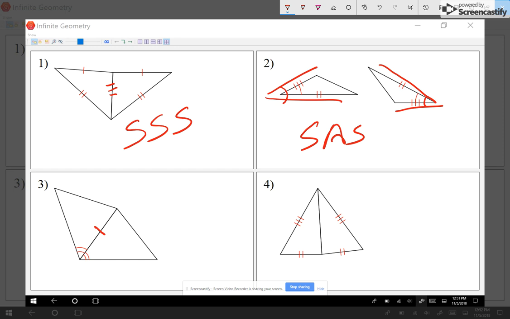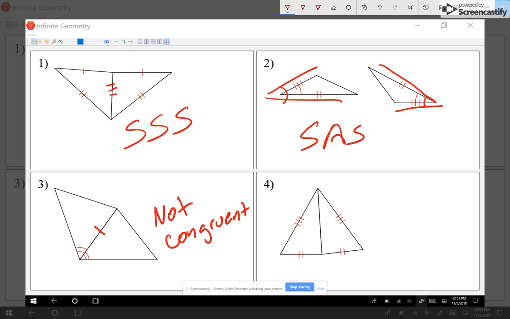I need at least 3 marks, either 3 sides or 2 sides and an angle, but technically I need three marks. On each triangle here, I only have 2. So I'm going to call this not congruent. Right? Some of them will be not congruent. For today, it has to be side, angle, side, or not congruent.